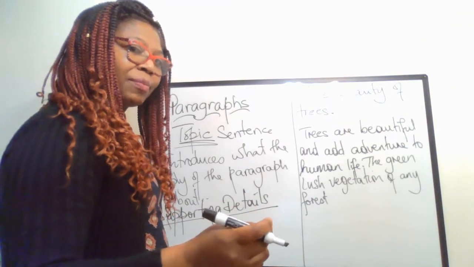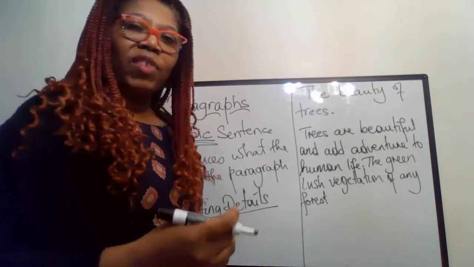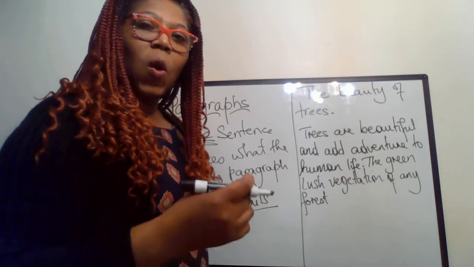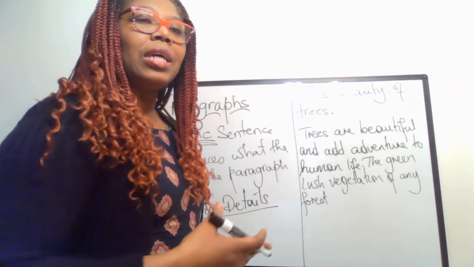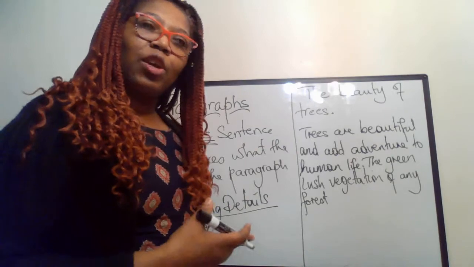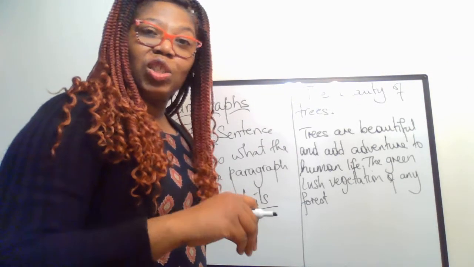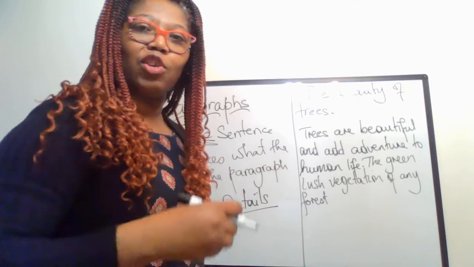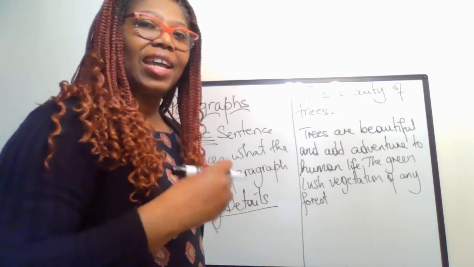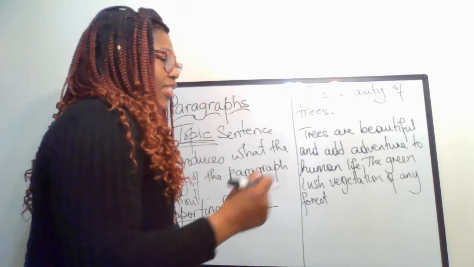Simple sentences, right? So we want to ensure that our developing sentences are not all simple sentences. We want them to add flavor. It's like you're cooking a nice dish, you don't just put a little salt on it and leave it like that. You want your scallion, your onion, your garlic, and a little scotch bonnet pepper to give it some flavor.